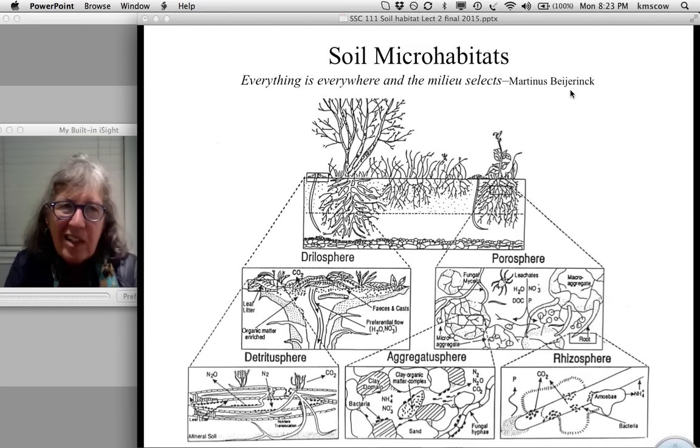It's not necessarily true, and of course it also depends at what scale phylogenetically you're talking about, because sure, there may be a fungus everywhere and a bacteria everywhere, and the environment selects which one, but that's at a very coarse scale of resolution.